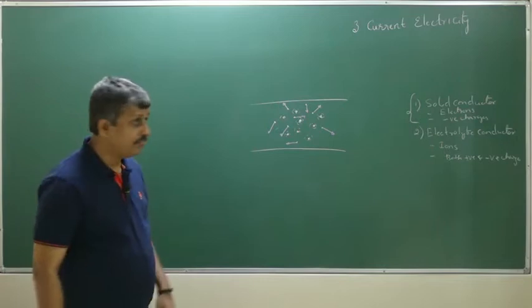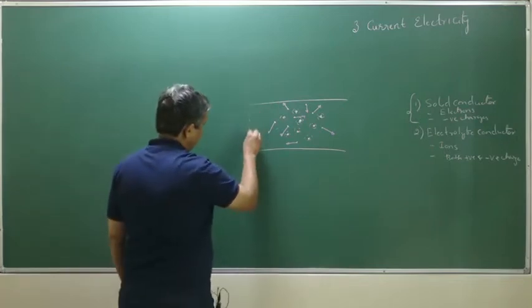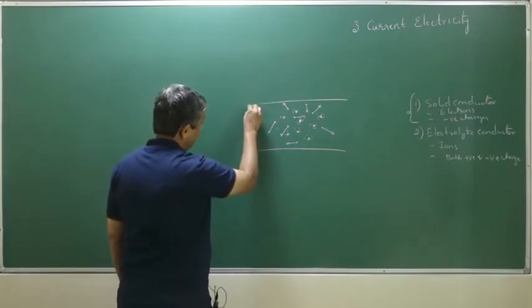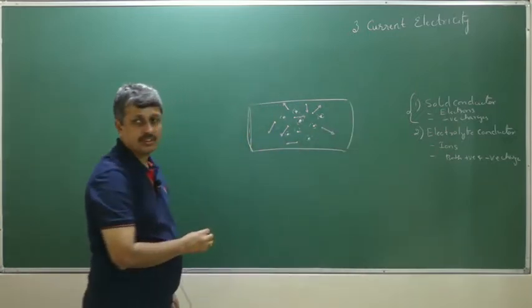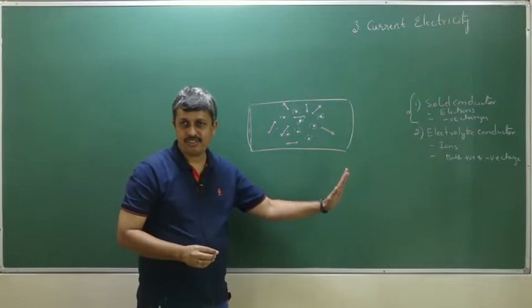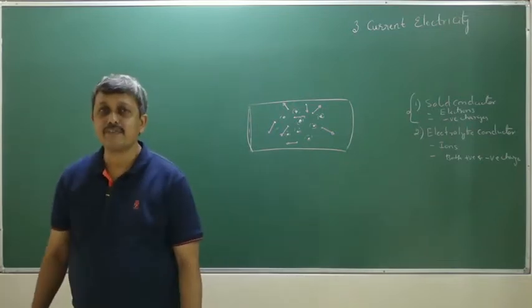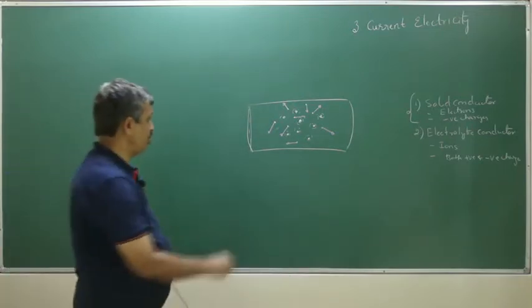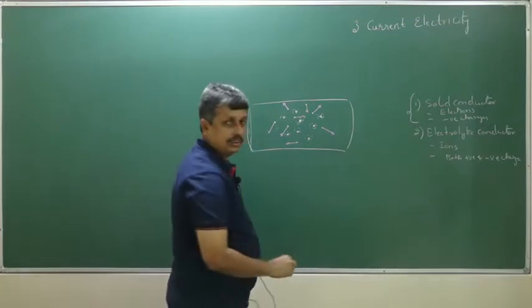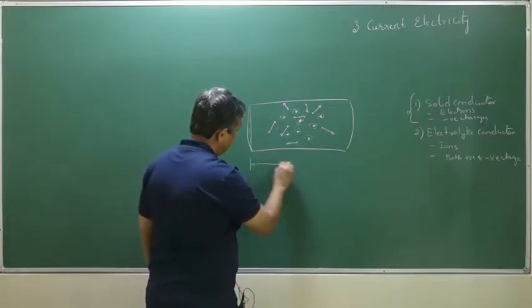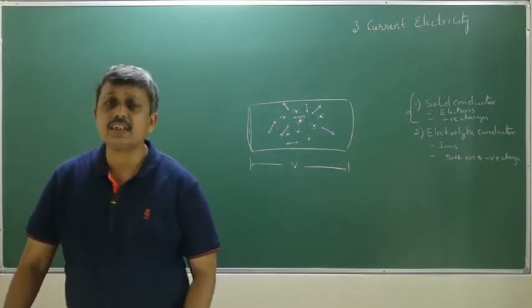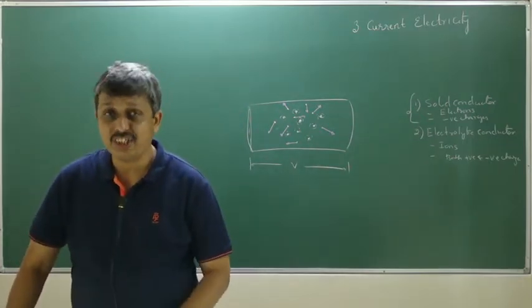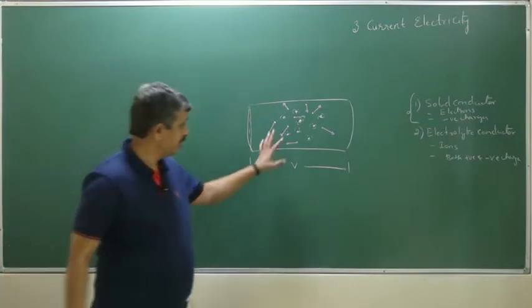However, the moment you apply certain, let us say this is my conductor, okay. So let's say you apply an electric field on this, or have some kind of potential difference between these 2 points. You can see that the average will change.